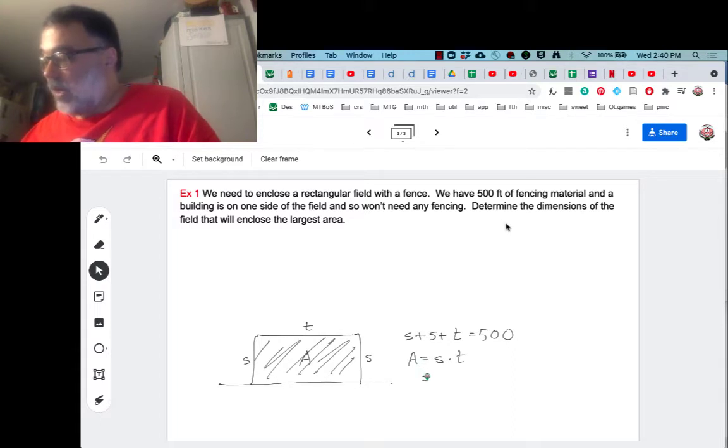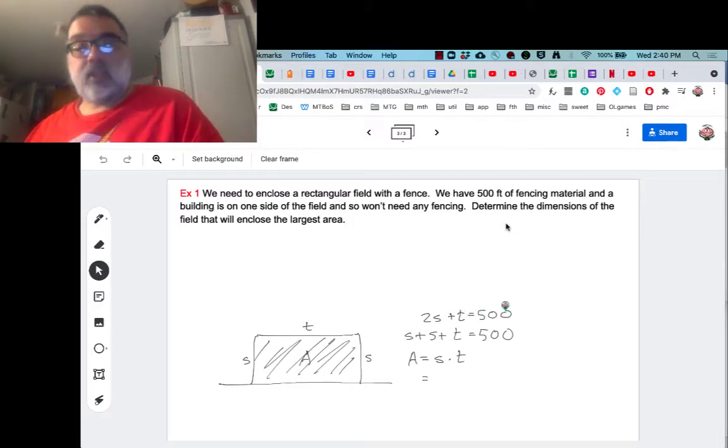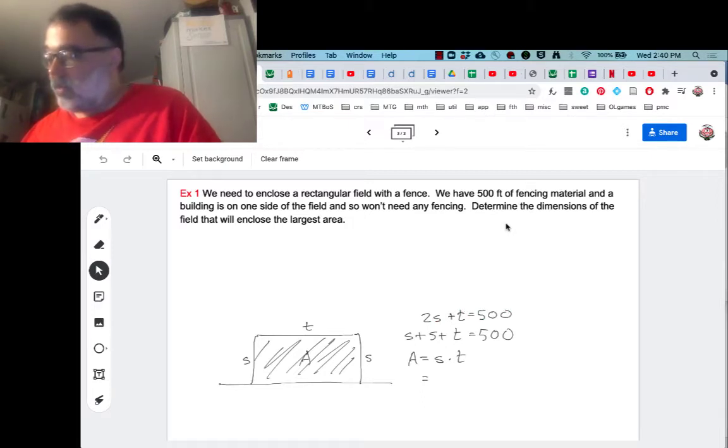Okay, so we have to figure out s in terms of t or t in terms of s. We've got 2s plus t equals 500. So it looks like it's easiest to solve for t there.